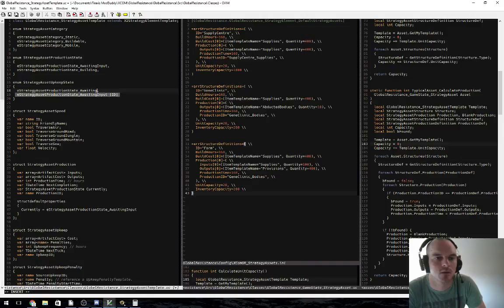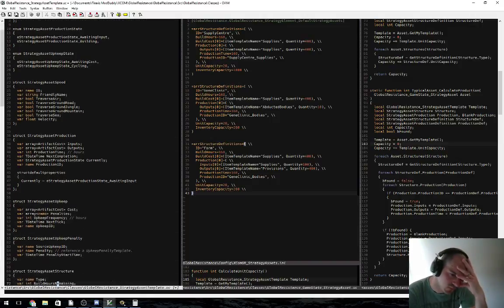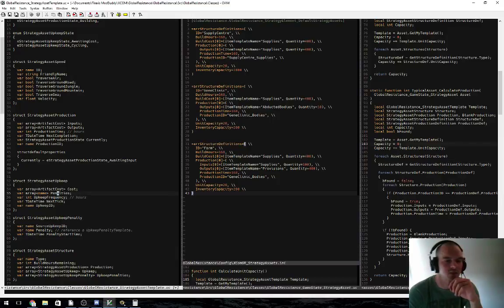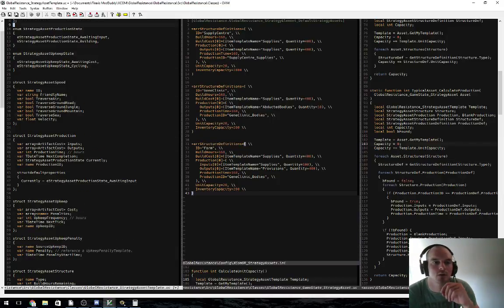Okay. So awaiting cost. So next tick could potentially be when it checks again to see whether it's got the cost. Otherwise, it could be cycling, which means it's just waiting for the next time around. So.